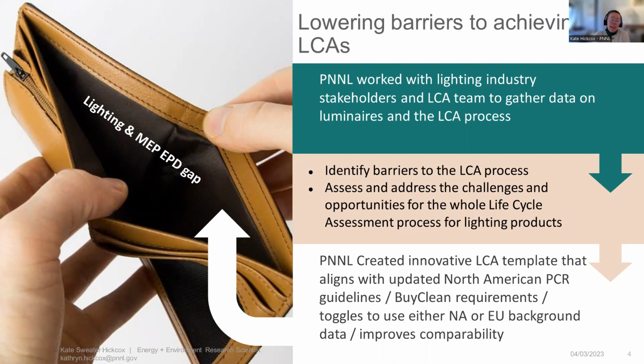There are actually lots of MEP EPDs, but maybe not so much for some of the really carbon intensive products, like what Kayleigh was talking about: not too many EPDs for products like chillers and other products that have refrigerants, or other types of HVAC systems. Also, I come from a lighting background, and we've been looking at lighting, and there's only a handful of lighting products that have EPDs.